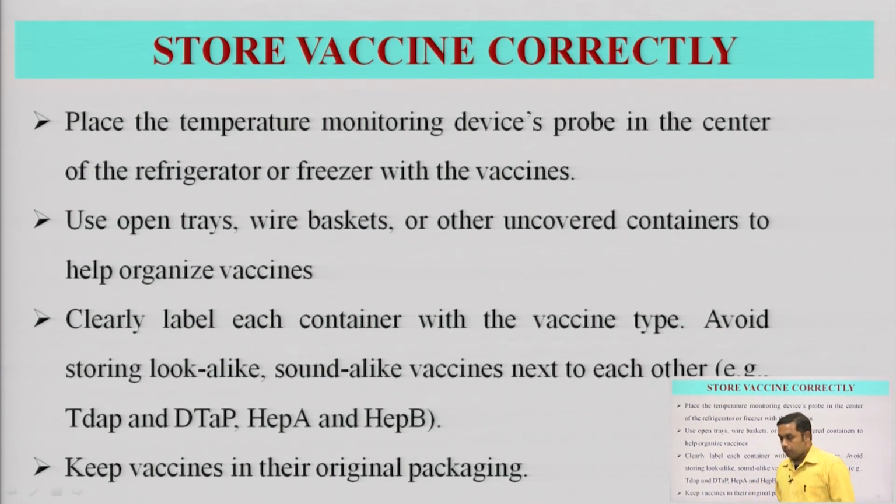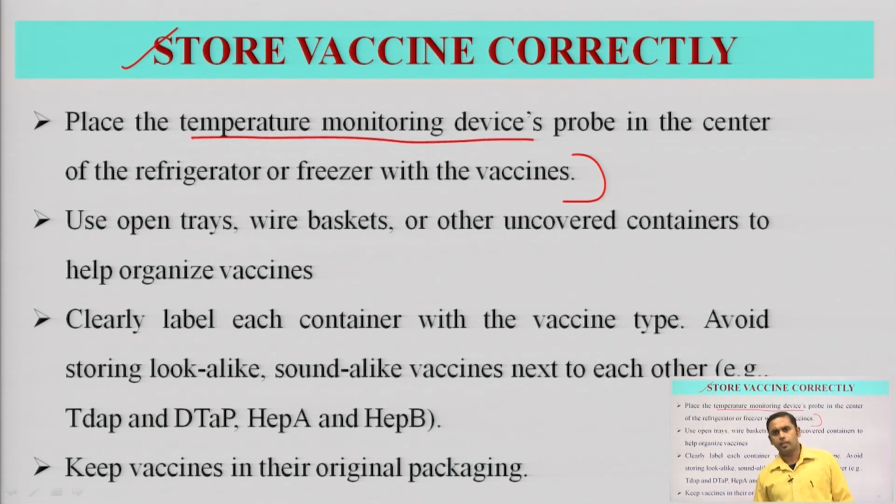And to store vaccine correctly, let me also tell you, apart from storing based on expiry date, place the temperature monitoring device probe in the center of the refrigerator or freezer with the vaccines. Yes, you have to install one temperature monitoring device.